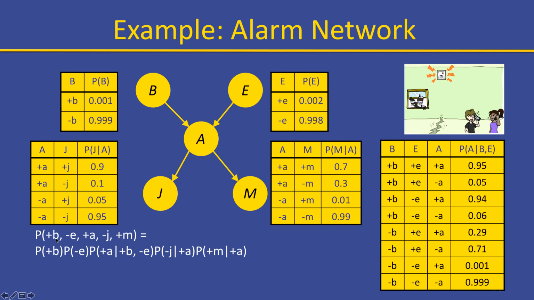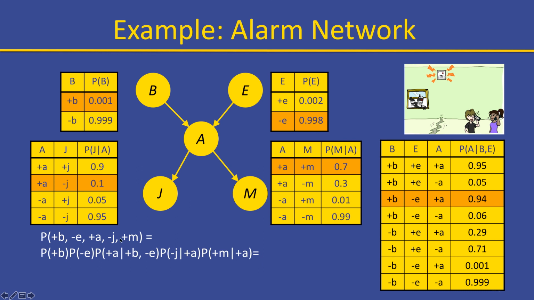So we have plus B here. B has no parent, so we take the marginal probability of plus B. We have minus E here. E has no parent, so we take the marginal probability of minus E. We have plus A here. A has B and E as parents, so we take the conditional probability of plus A conditioned on the parents, and the parent values here are given by plus B and minus E. So we look up this conditional probability in the table here.